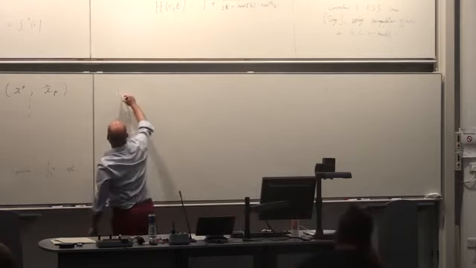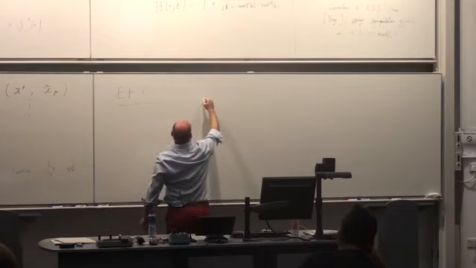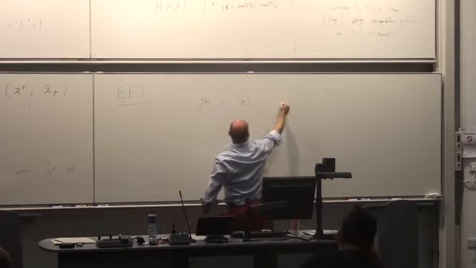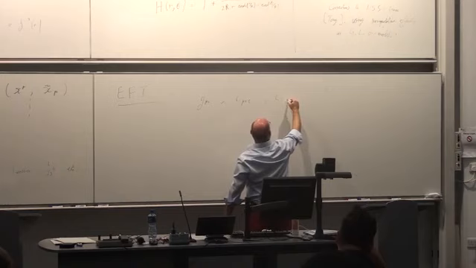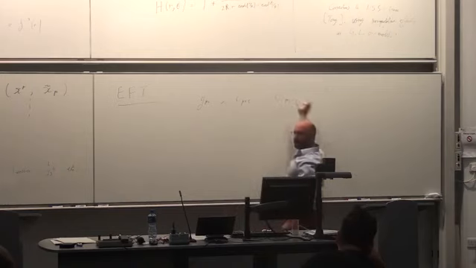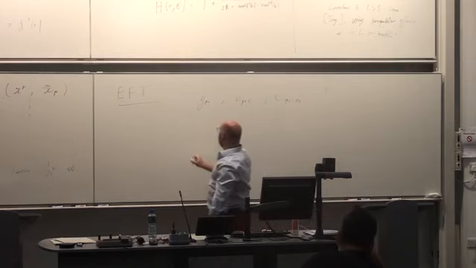So EFT is we just do the same thing, but now we've got the metric, we've got a 3-form, we've got a 6-form. We want to combine all of these.